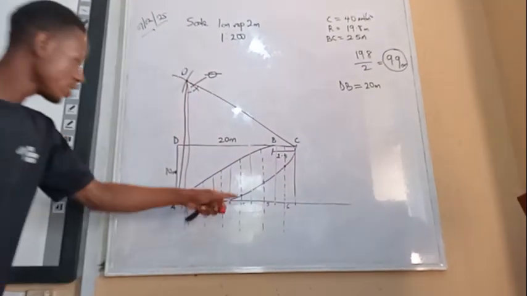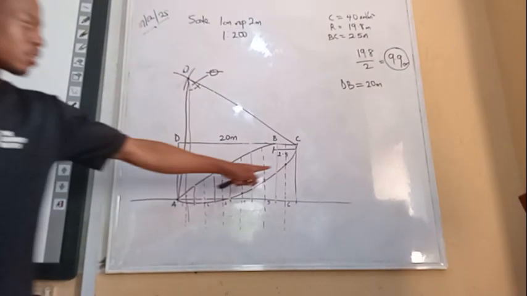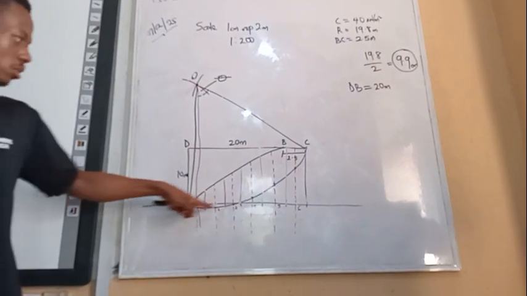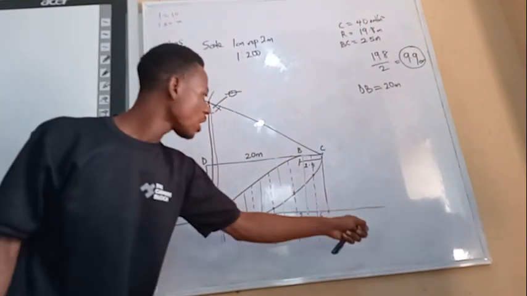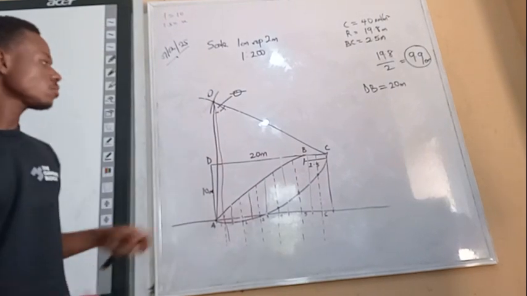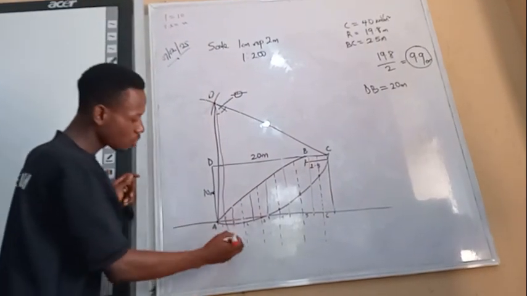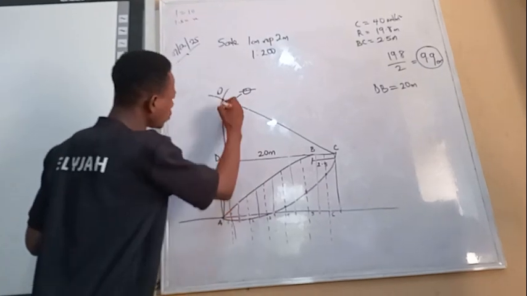I hope you are seeing the points I shaded, I dotted. That's where you are going to draw your lines through. So for this one now, it's going to be through this.